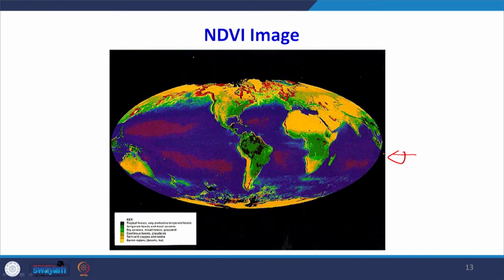So this gives me a fairly good idea, a comparison of where the vegetation cover is good in the world, and green is showing that, and which parts are arid or semi-arid, where vegetation cover is less. If we have to do something like a climatic modeling study, then these kinds of images are found to be very useful at the global level.